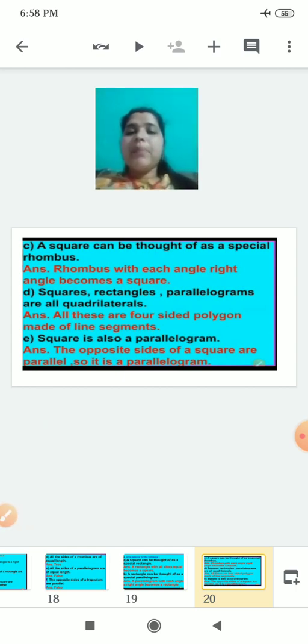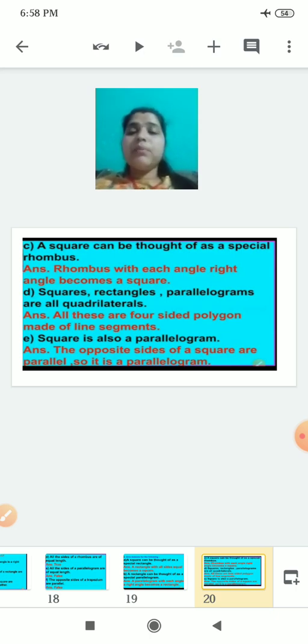Square, rectangle, parallelograms are all quadrilaterals. Yes, because all are closed figures, four-sided polygons made up of line segments. If somebody asks you what a polygon is, you will say a polygon is a closed figure made up of line segments. A square is also a parallelogram. The opposite sides of a square are parallel, so it is a parallelogram.